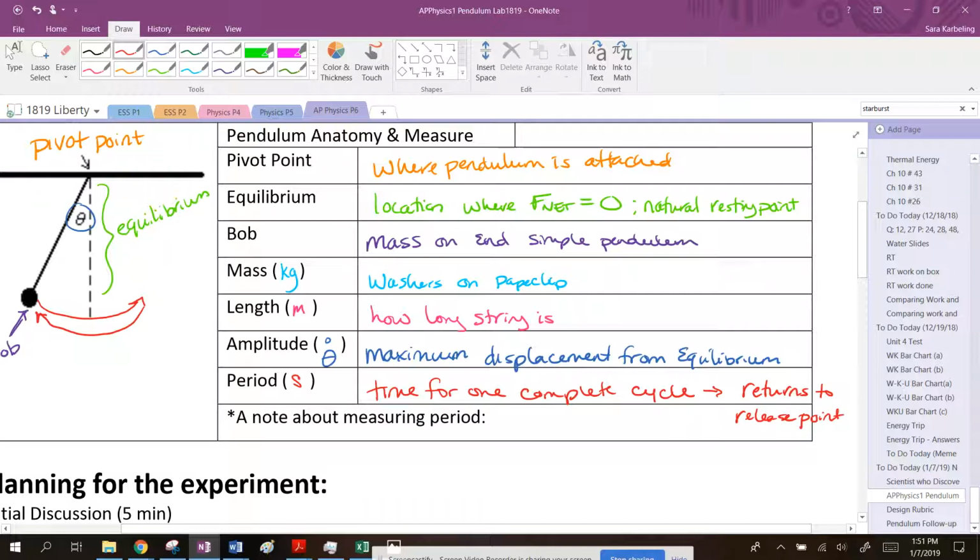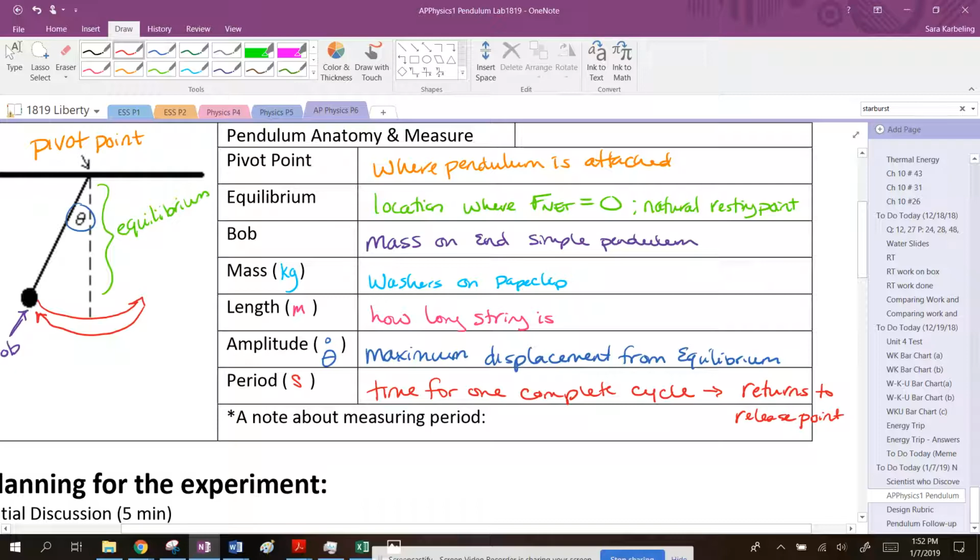But I want to make that really clear because sometimes I have smart alecky students who say, well, if I release it here, but then I'm looking from here, is it from right here up and back? It can't be just from here up and back. If I start my timer here, I don't know why you would do that, but let's say you did, it's got to go up and back and then down. You with me there? So it actually passed through equilibrium a few times, right? I just want to make sure that's really clear.